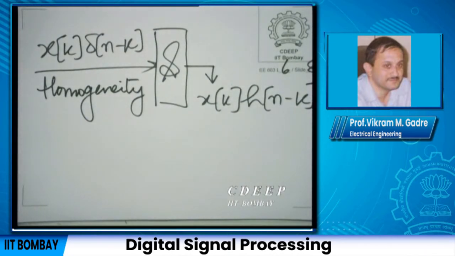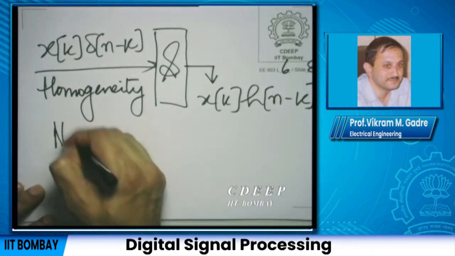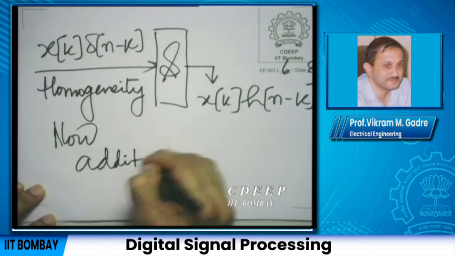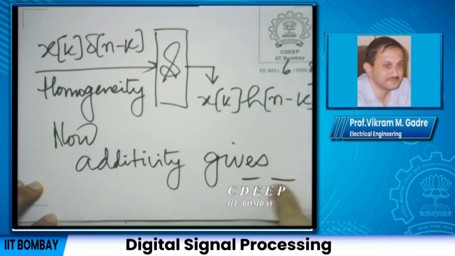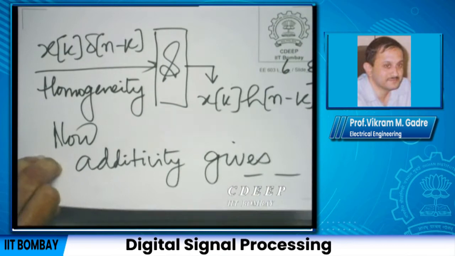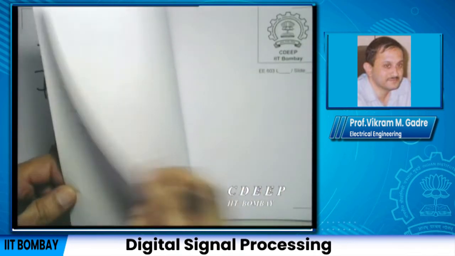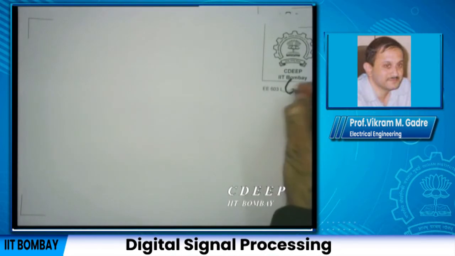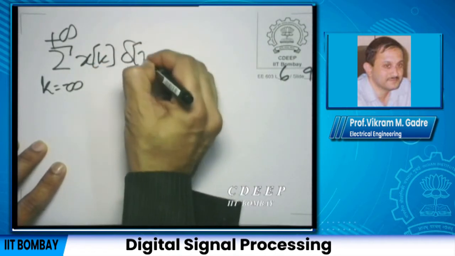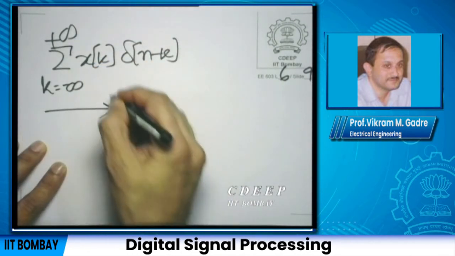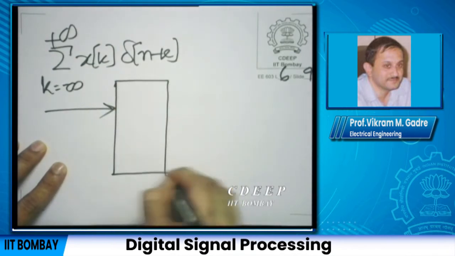And finally, we invoke additivity. Now, additivity says summation over all k, what we are saying is invoke additivity pair by pair notionally.